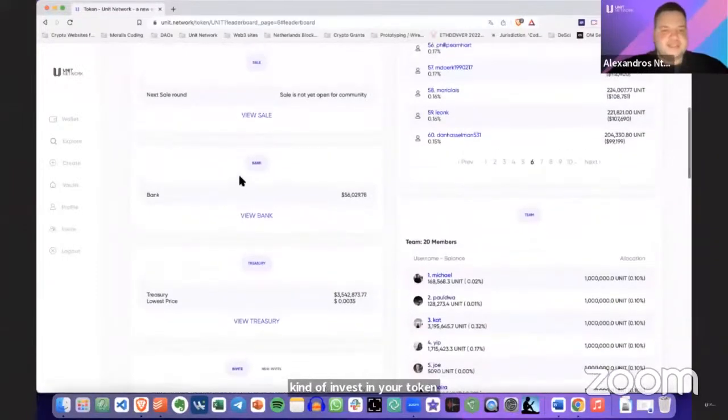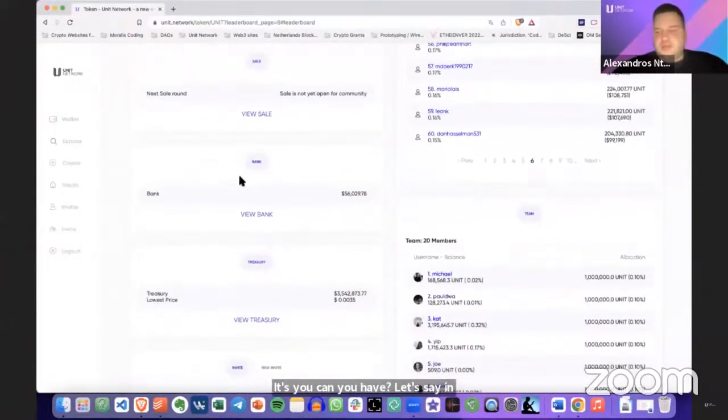Then we have the bank. So what the bank does is, in Unit's case, let's say you have 1 billion tokens. When you go in the bank, you can see what kind of sales you would schedule. Because if you look at traditional VC firms, you have different sales.